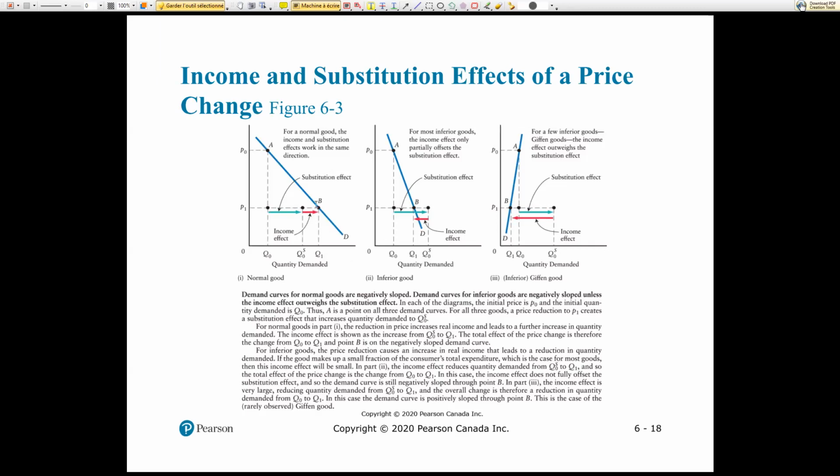All right, so here we're having the usual demand curves. There's the quantity on the horizontal axis and the price on the vertical axis.